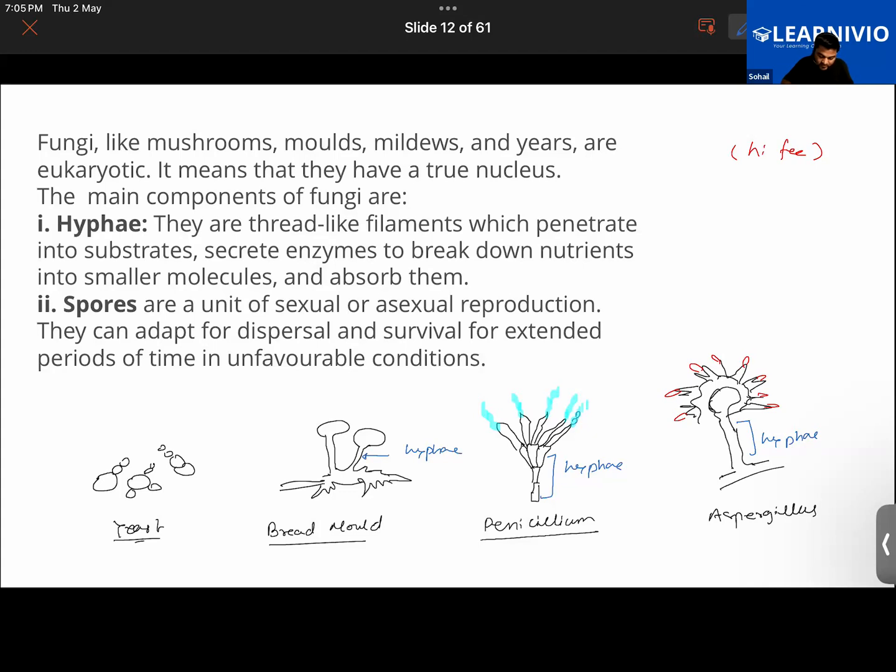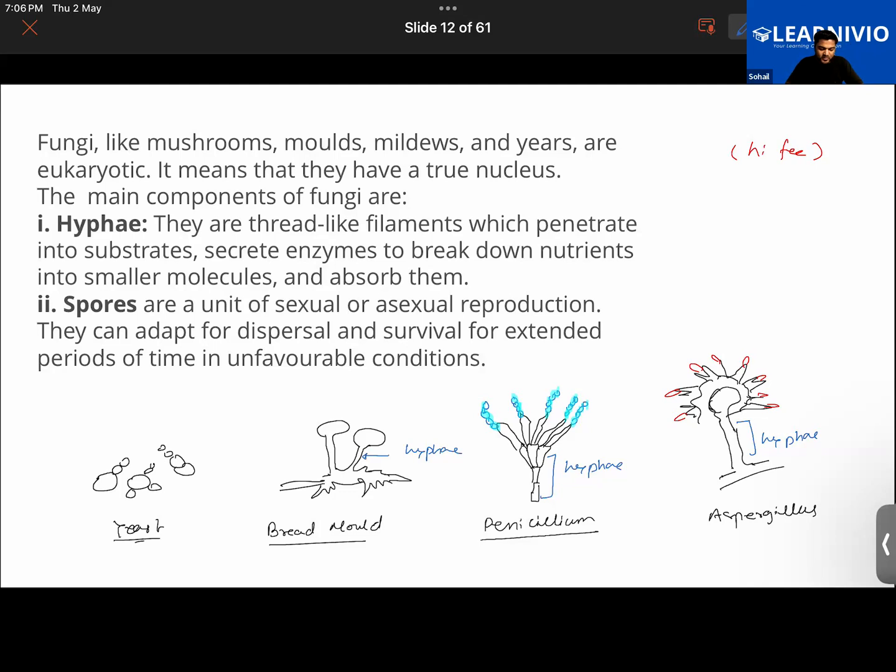If I were to give a very neat and fine drawing, it will also have it. It is kind of like this. So if the spores are connected to hyphae, then it is considered a spore, right?